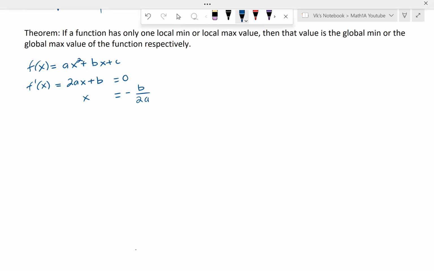We have only 1 critical number. And this critical number here can either be the local minimum or local maximum, depending on the change in the derivative.